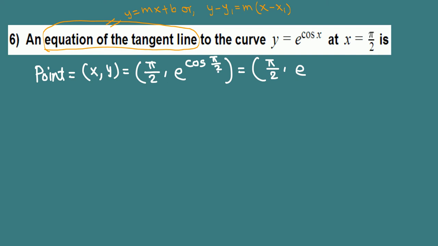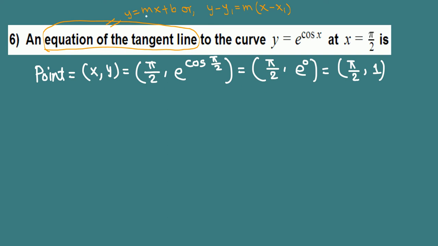Pi over 2 is 90 degrees, so cosine pi over 2 is 0, so e raised to 0, and by the way e raised to 0 is 1, so the point is pi over 2 comma 1. So we are done with the point.